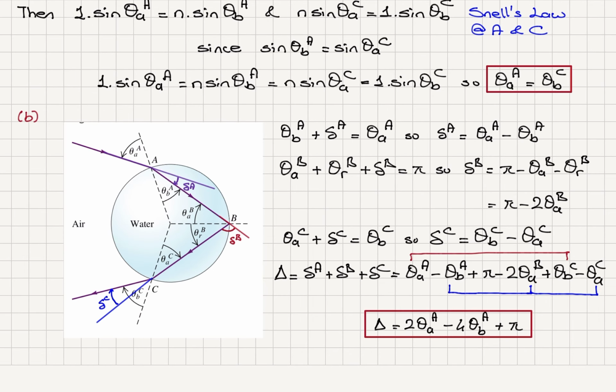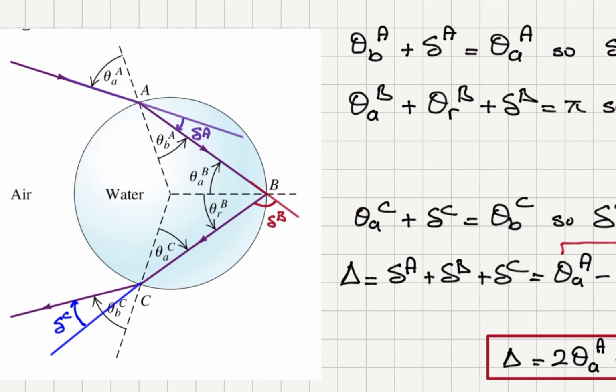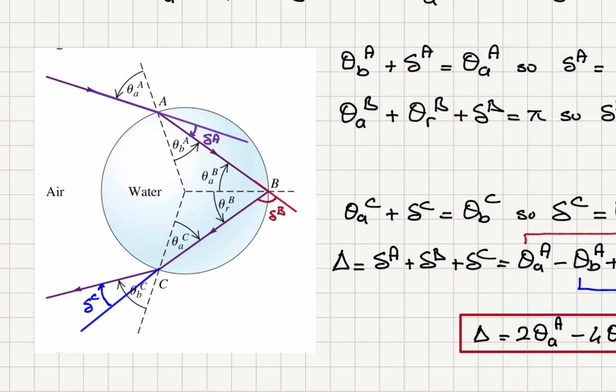Then we wanted to determine the total deviation of the beam from its original path. To do that, we looked at deviations at 3 points. At point A, the deviation delta A plus the angle of refraction gives us the angle of incidence.